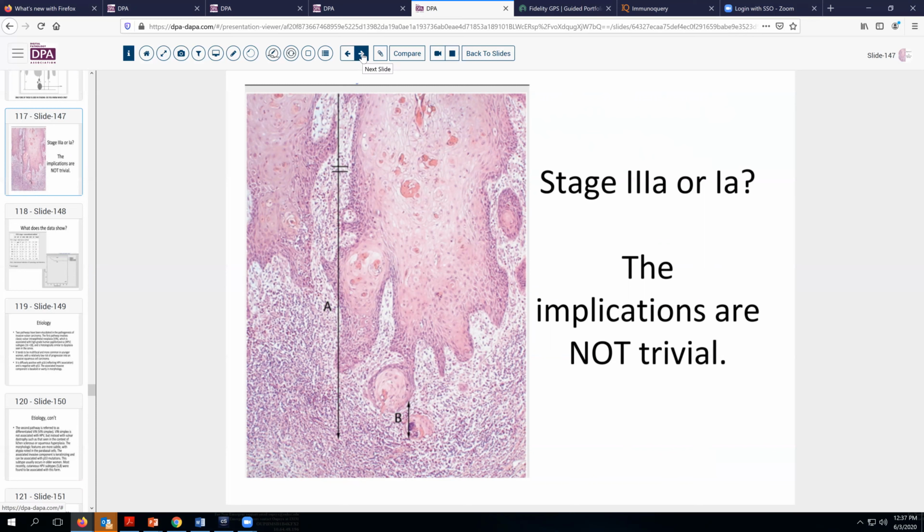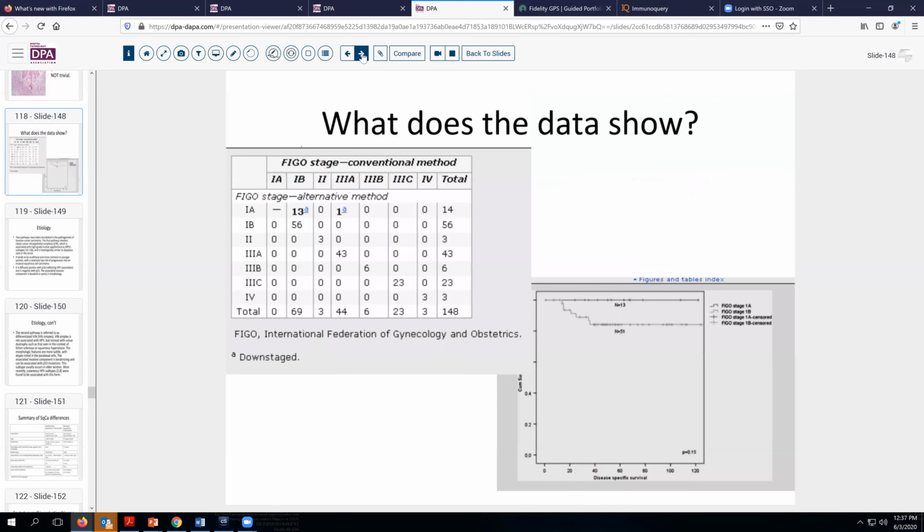And the data from their study were fairly compelling. However, the numbers in their study are not huge. So here is a graphic comparing the FIGO stage using the conventional method as opposed to their method. And so as you can see, not surprisingly, a number of 1B cases in the total study.